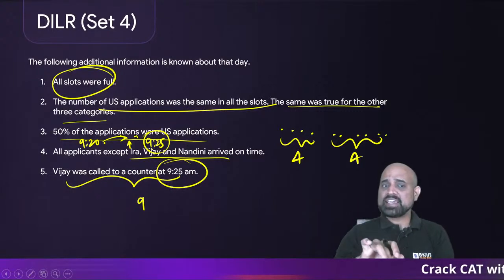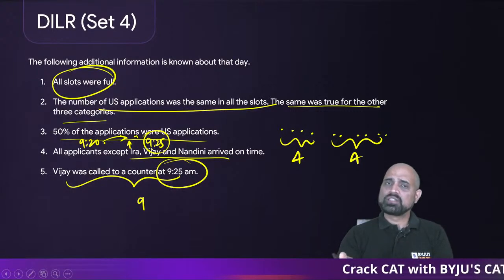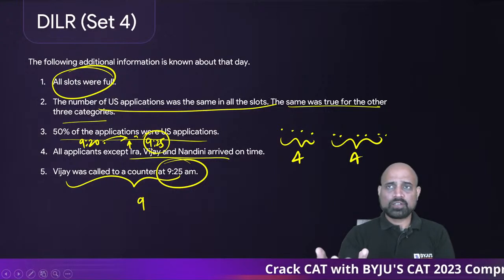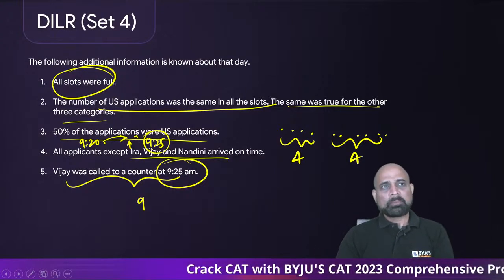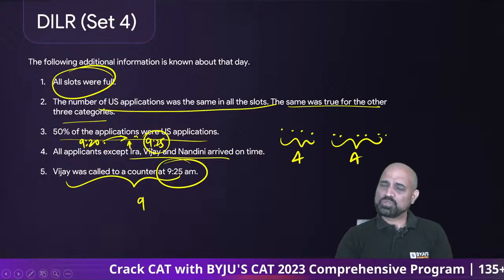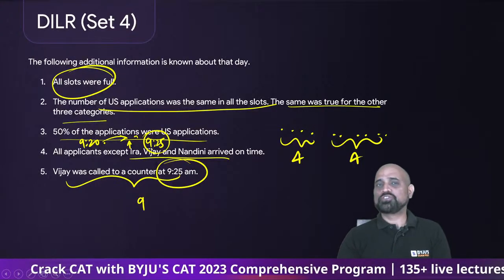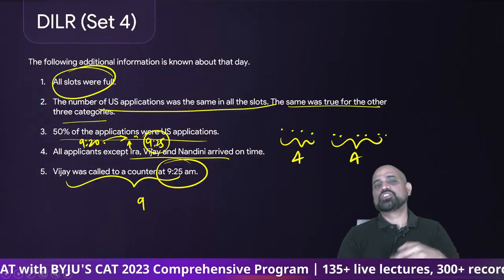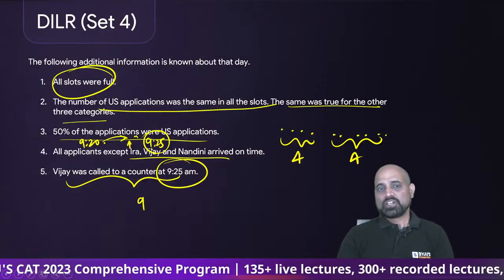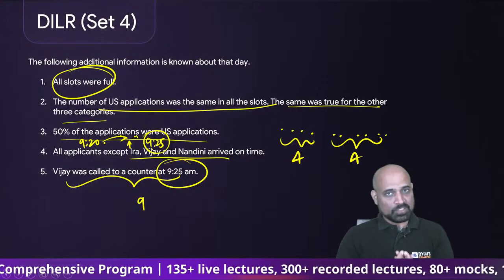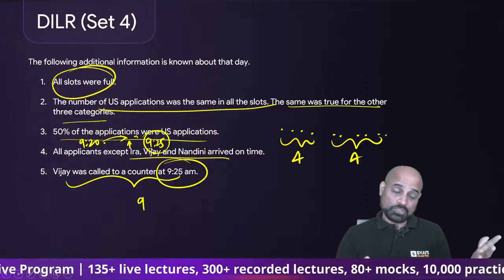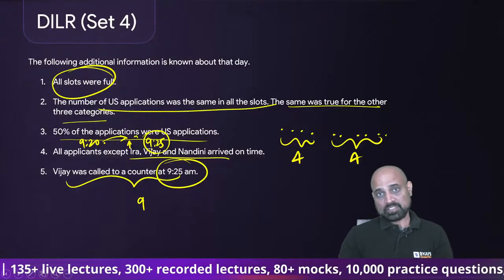So here we can say that the processing time is 25 minutes. But then if the processing time of others is 25 minutes, why is this slot 15 minutes, and why is it given as first come first serve? So these are some dubious, I shouldn't use the word dubious, it's rather confusing statements.